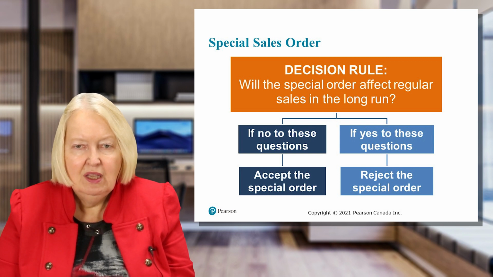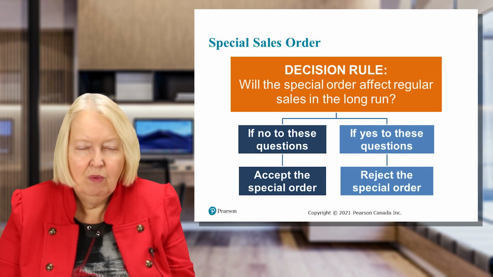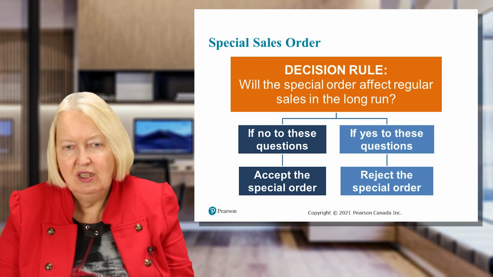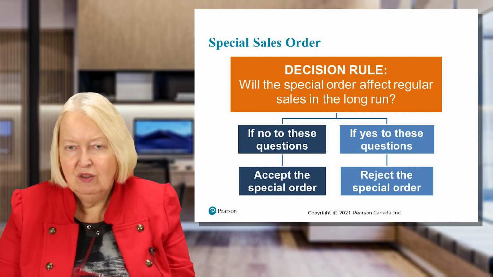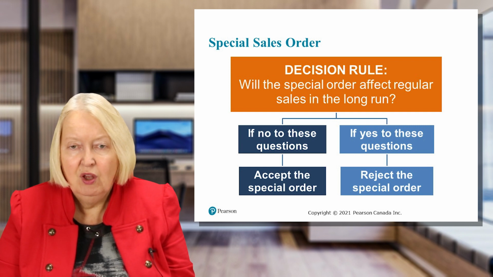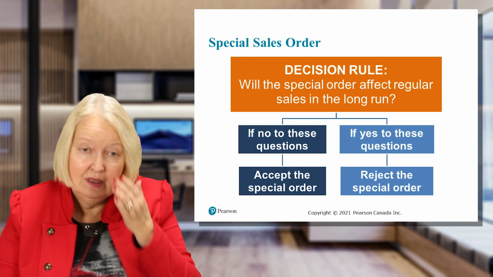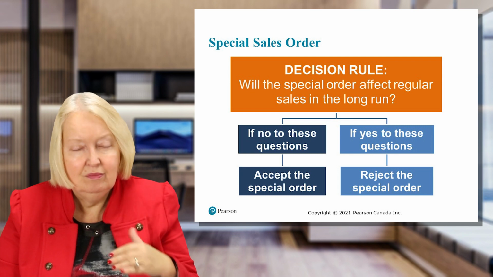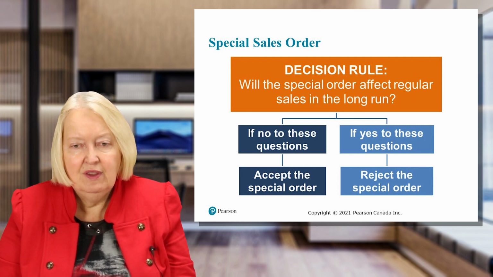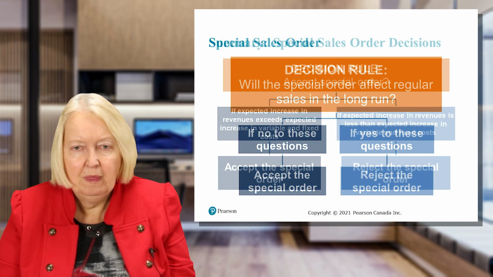So here you look at more of a qualitative type of consideration. If you go ahead with the special order and sell your product for a lower price to one particular customer, will this affect regular sales in the long run? If no, then you'd accept it. If yes, you'd reject it.